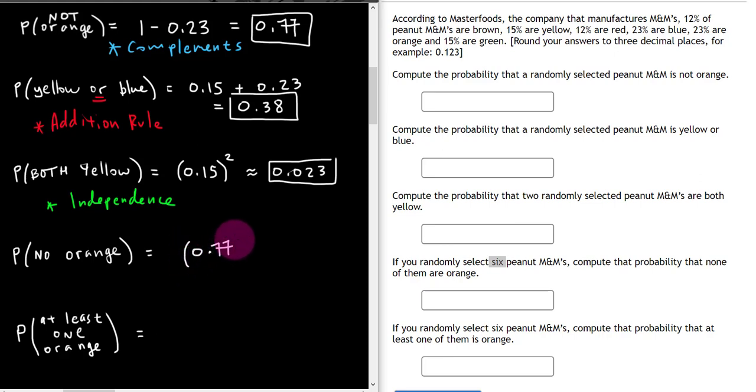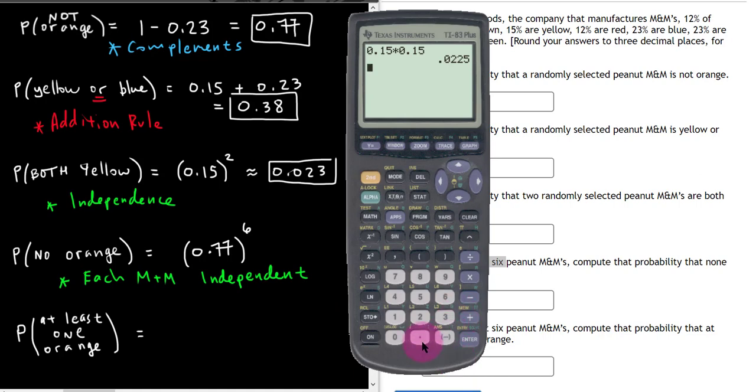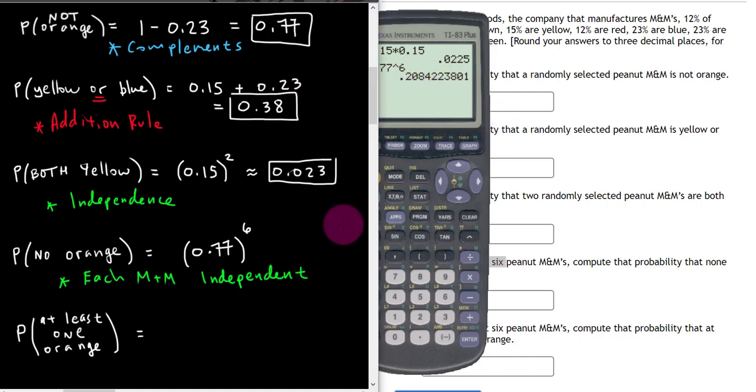So just like in the previous part, we can raise this to the 6th power under the assumption that, again, each M&M is independent. And let's take that to our calculator. Rounding to the 3rd decimal place, 0.208.